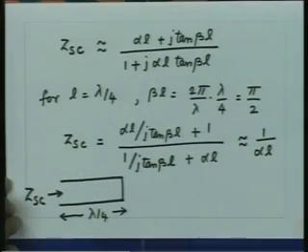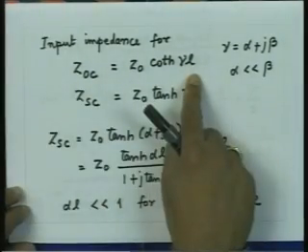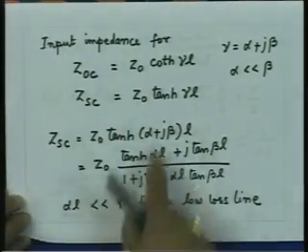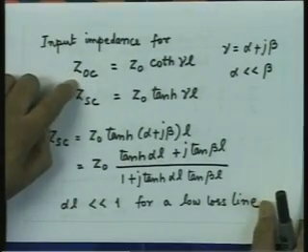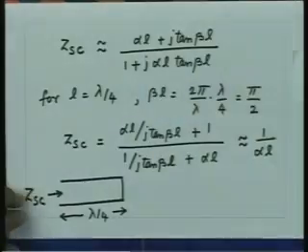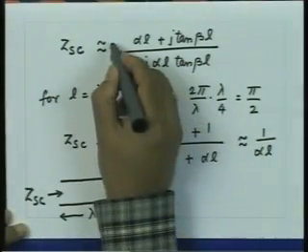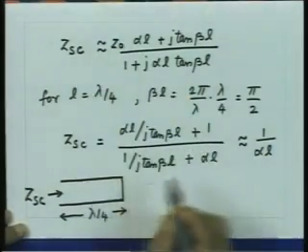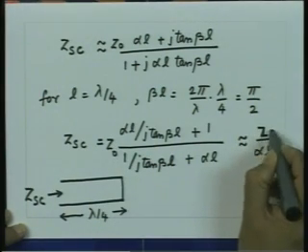Similarly, if I had done the similar exercise for the ZOC and did the expansion, then the input impedance of the open circuited line would appear to be alpha L multiplied by Z naught. Anyway, here we have to put a Z naught here. So, this quantity should be multiplied by Z naught.